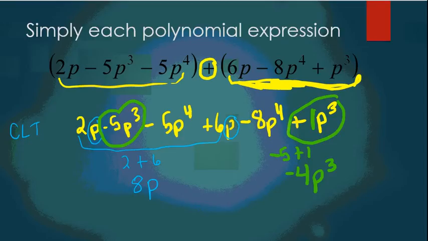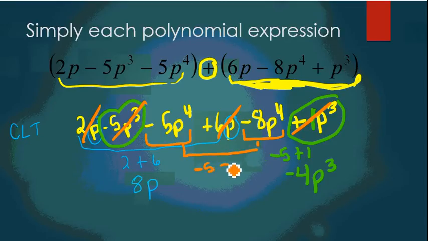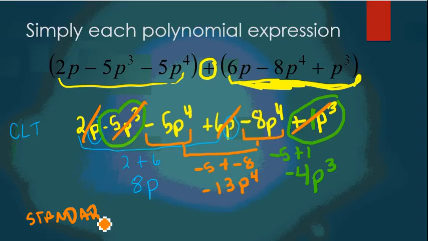Now we look at my last term. We're done with that, that, and that. So now we have to look at negative 5p to the 4th minus 8p to the 4th. If I combine those, I get negative 5 plus a negative 8, which turns out to be negative 5 minus 8, which is negative 13, and they both had p to the 4th. And now we have to write it in standard form, which is highest exponent to lowest.